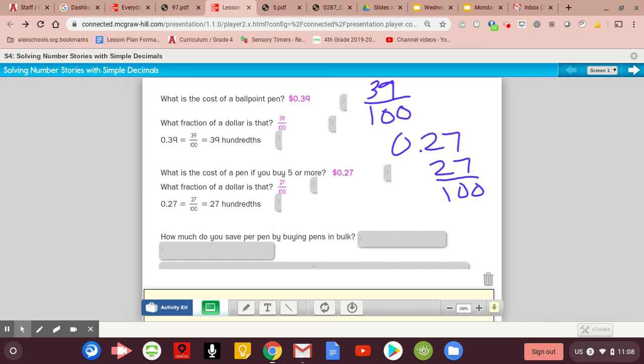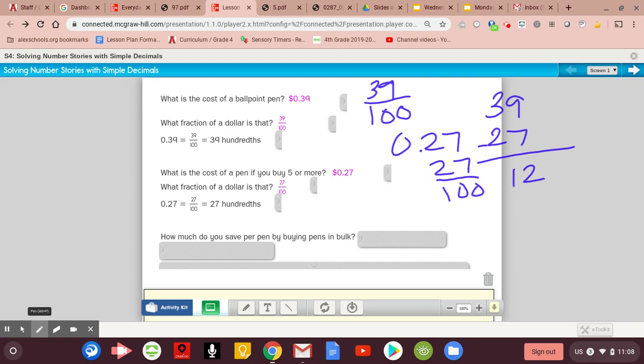How much do you save per pen by buying pens in bulk? That is asking for the difference. What is the difference between 39 cents and 27 cents? So I'm going to do a little math. I'm going to take my 39 hundredths minus my 27 hundredths. I'm going to go up and down here so it's easier for you to follow along. 9 minus 7 is 2. 3 minus 2 is 1.